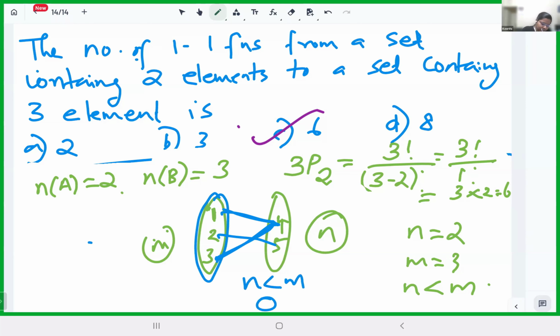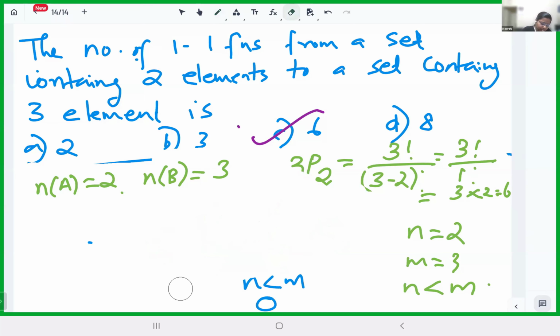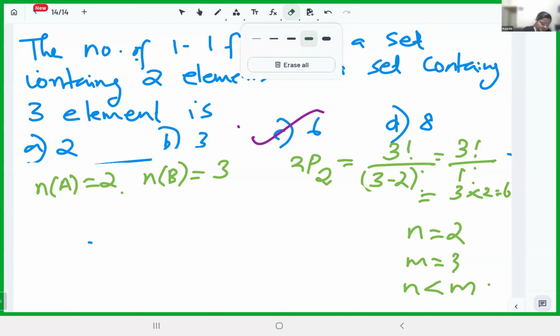All right. Now what happens if both sets contain the same number of elements? That is also a question, right? We have learned that if n is greater than or equal to m, then the formula is nothing but nPm.